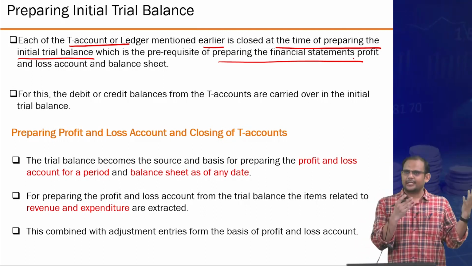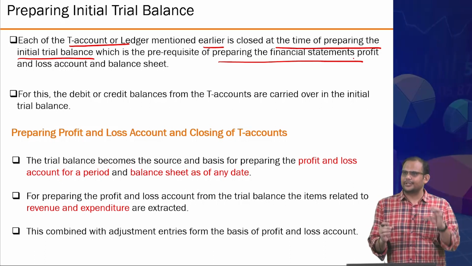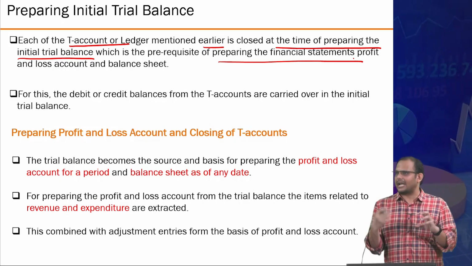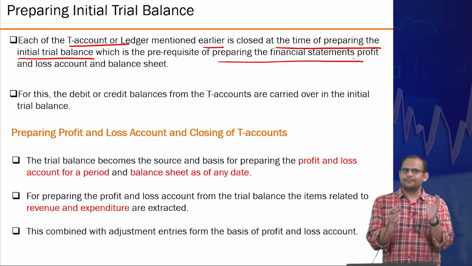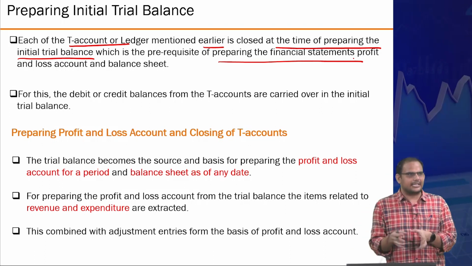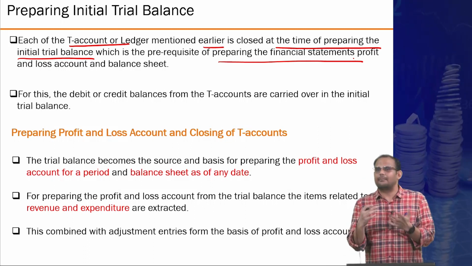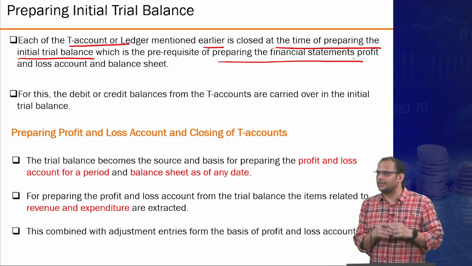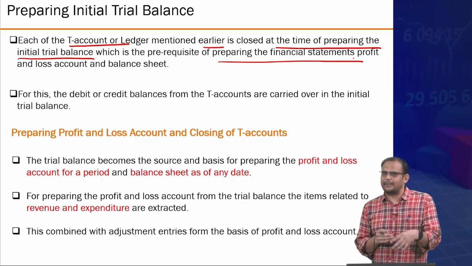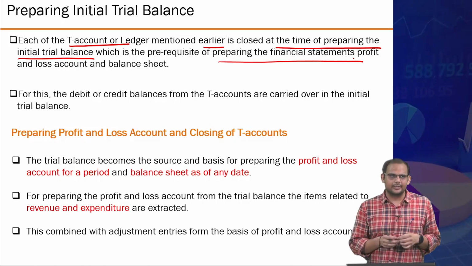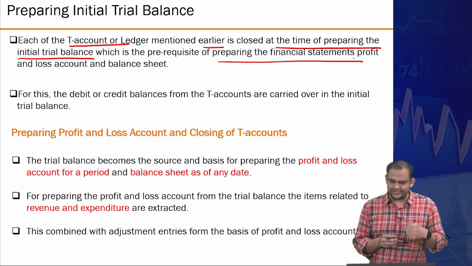So after you put entries in the T ledger, you prepare something called the initial trial balance. At that time, you further consolidate all these entries and double check all the errors. If the debits and credits are matching, then only you transfer them to the final financial statements, which is the P&L statement or the balance sheet, right?